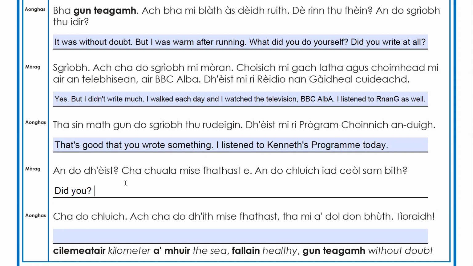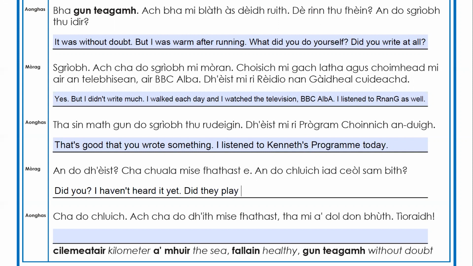Chola mi hast. So here we have a past tense of one of the regular verbs we've seen. So chola mi hast, I haven't heard it yet. And the chlich iad ceol sy'n bi? Did they play ceol sy'n bi? Any music. So rud sy'n bi, anything.